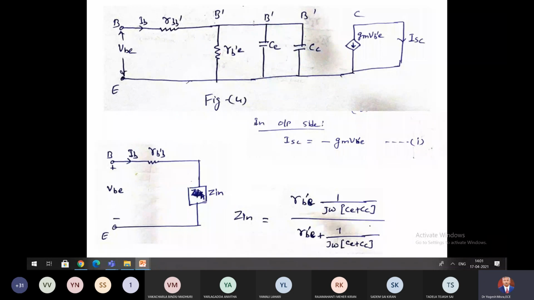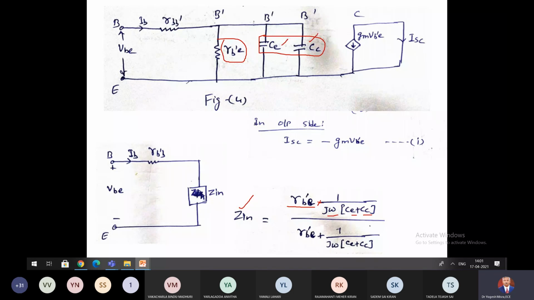So Zin will be, now here you have this resistance, it is in parallel with these two parallel capacitances. So the overall value of Zin will be RB'E multiplied with 1 by jω(CE+CC), divided by RB'E plus 1 by jω(CE+CC).